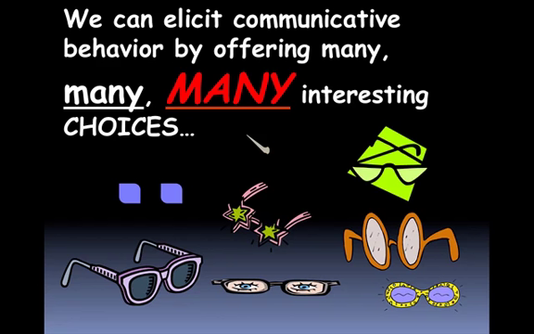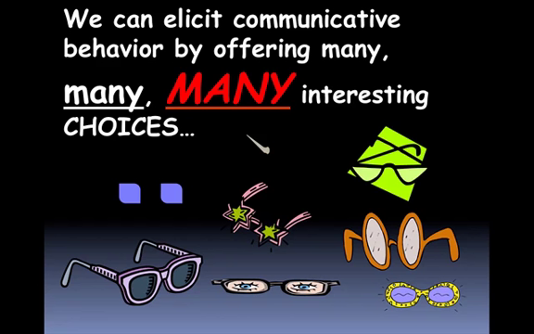So today we're going to talk about choice making and teaching choice making skills, and then also visual supports that will help us to teach choice making skills and also to elicit responses from the people that we are providing choices for. So choices are a really wonderful way to elicit communication from individuals with autism.